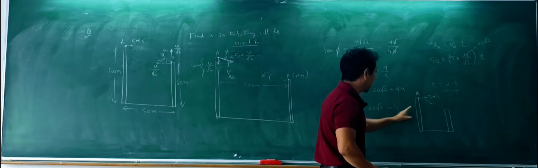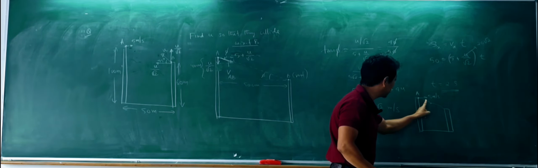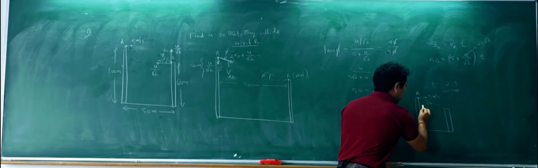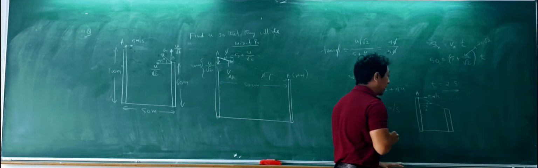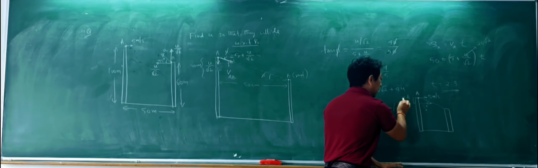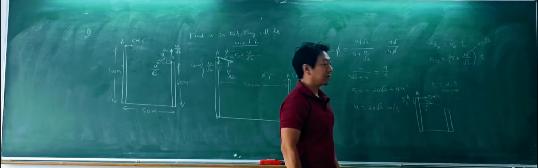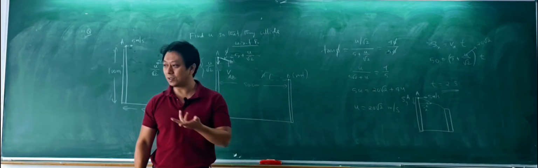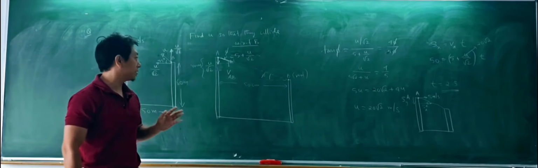So now think of A as projectile motion from here to here. So this is your Sx for particle A. This is your Sy for particle A. And the time of collision is how much? 2 seconds. That is independent of the frame of reference.